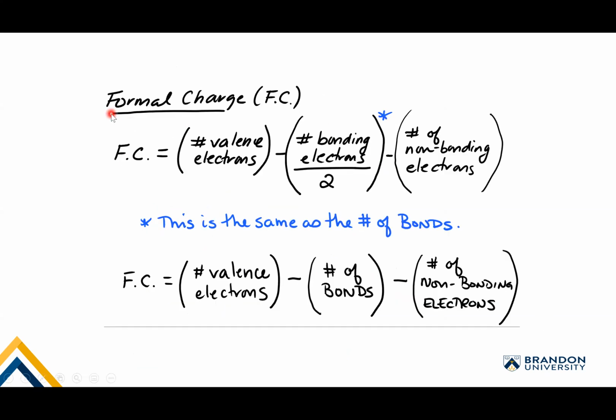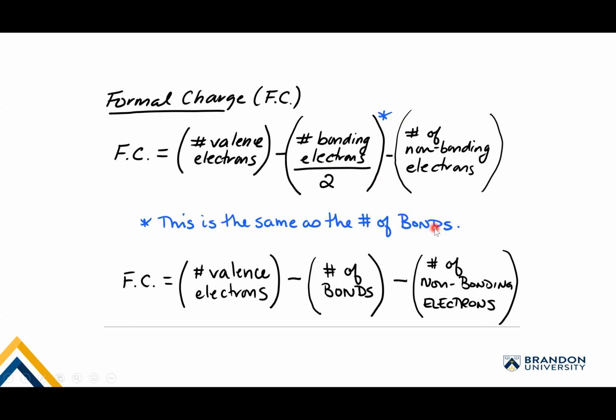So formal charge is basically this mathematical formula in which you're comparing the normal valence electrons of an atom to the number of bonding electrons it has divided by 2, and you subtract the number of non-bonding electrons. Remember, there are 2 electrons in every bond, so the number of bonding electrons divided by 2 is the same as the number of bonds.